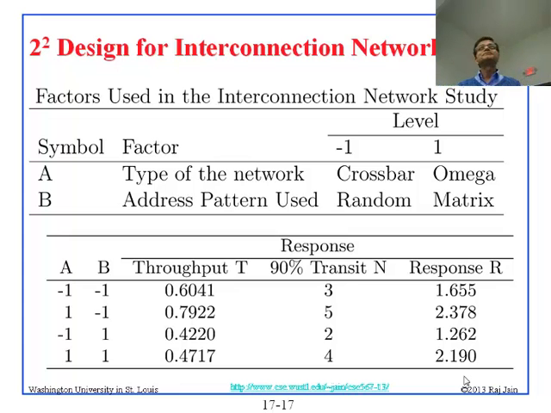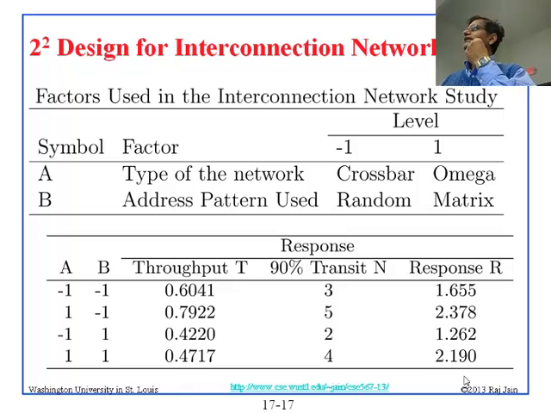What do you say? The question is the goal of the designer. They are not designing the workload. What are they designing? They are designing the network, and the network has an effect of how much? 20%. 80% depends upon the workload. Right?